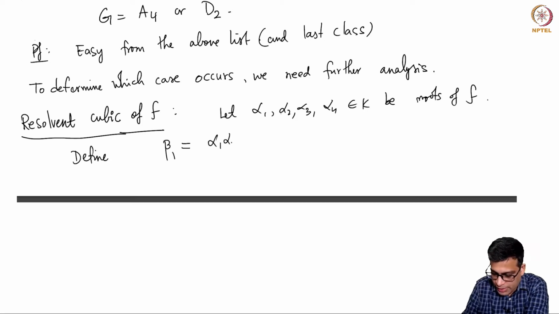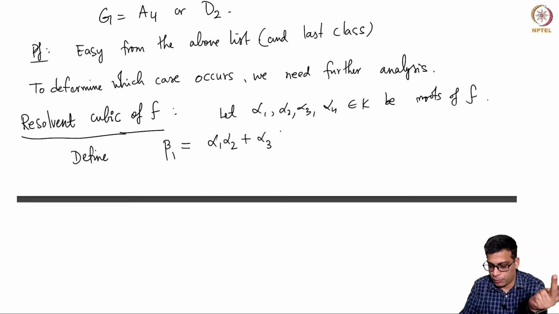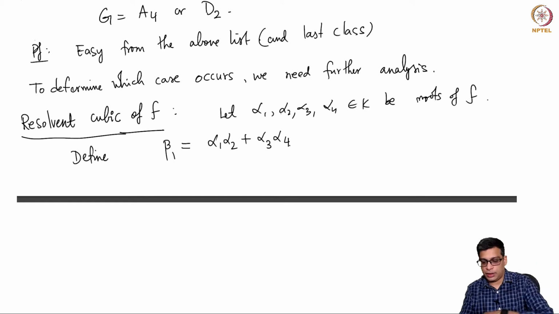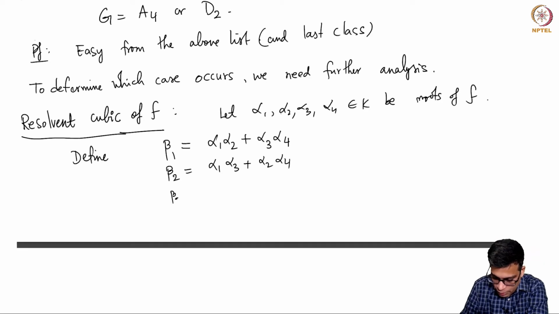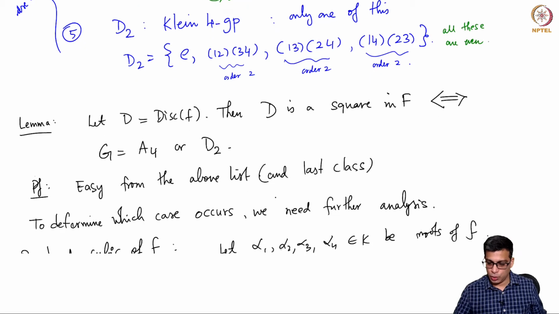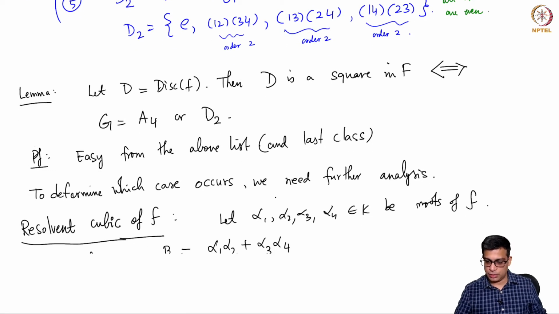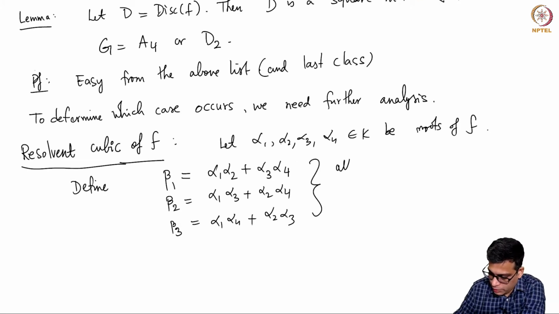So I will take essentially any 2 of them, multiply them, and then take the other 2 and multiply them, and finally add. So alpha 1 alpha 2 plus alpha 3 alpha 4, alpha 1 alpha 3 plus alpha 2 alpha 4, finally alpha 1 alpha 4 plus alpha 2 alpha 3. So if you recall D2, this has close connection to that. I take product of 2 transpositions. So all these are in K.